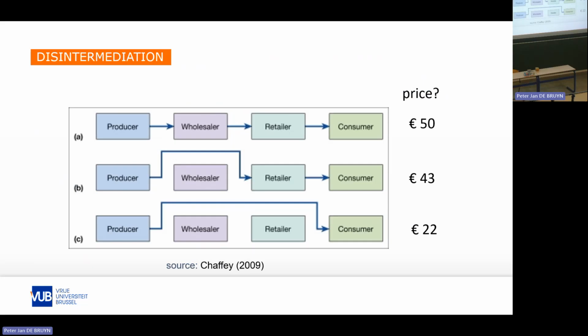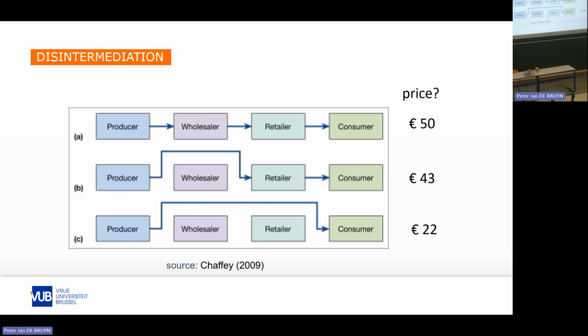So normally you have different players in the market. You start with the producer, the wholesaler, the retailer, the consumer, and actually even the producer has suppliers before it. What happens in disintermediation is that you try to eliminate one or multiple of them from the supply chain. So the producer says, well, we are not going to sell to the wholesaler anymore.